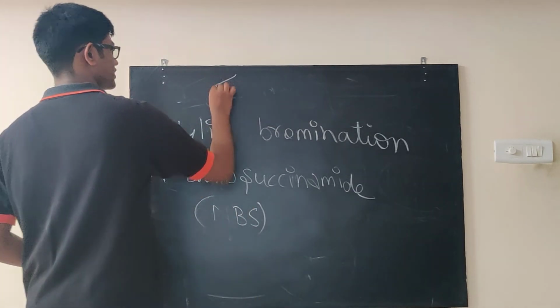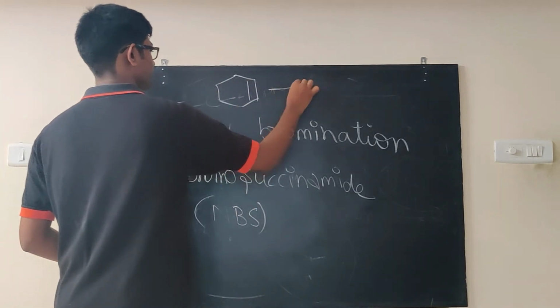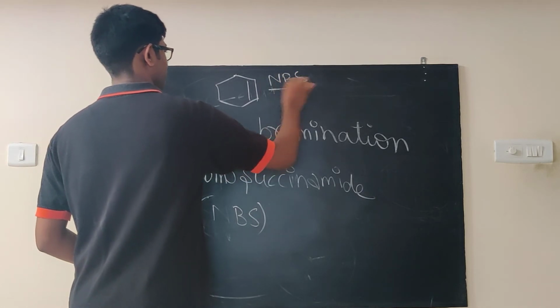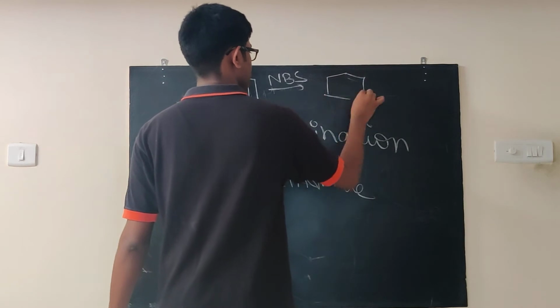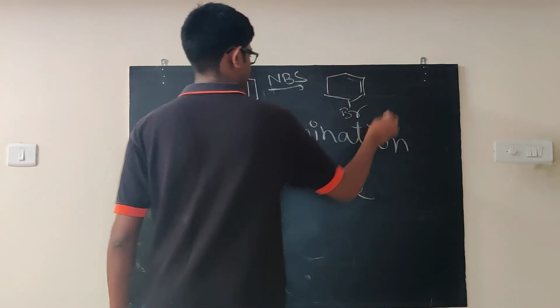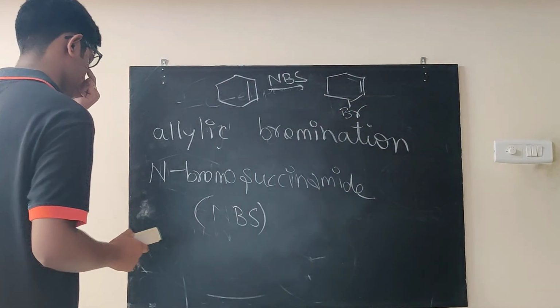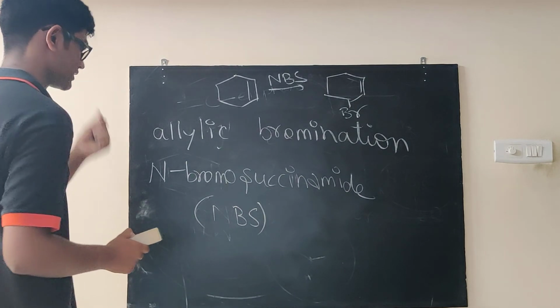So if I give you this question, it will allylic brominate once. So you get this. It will brominate once if you take care of the molar ratios and stuff. So N-bromosuccinimide does this.